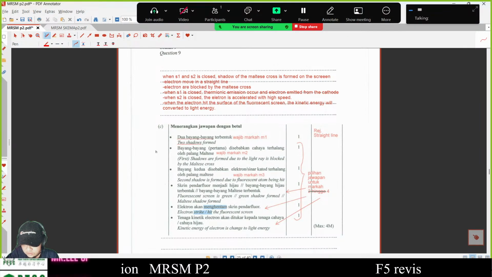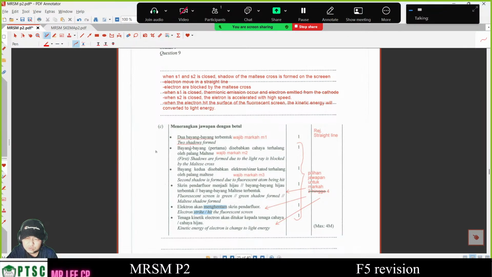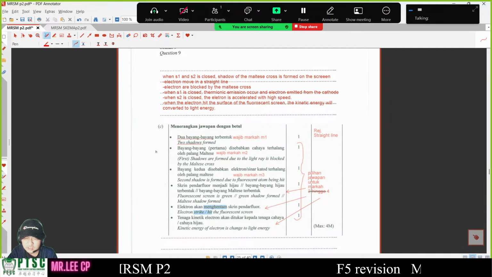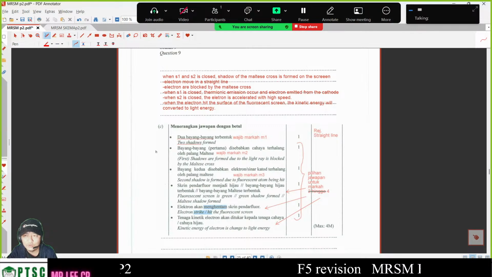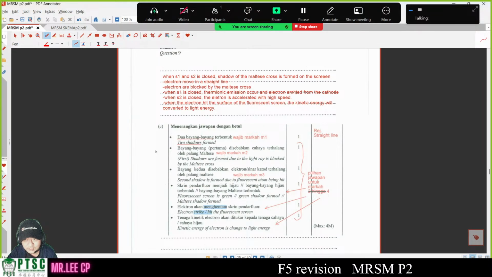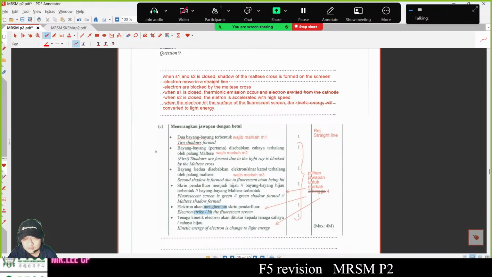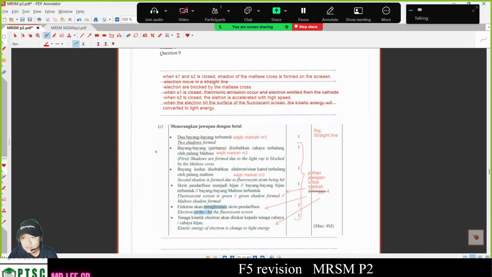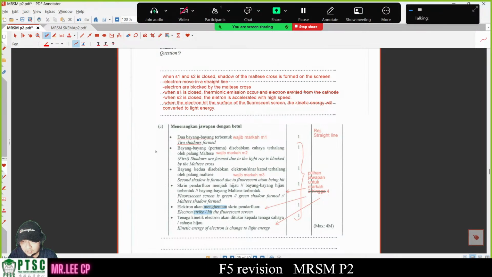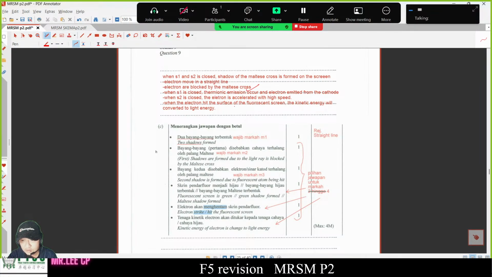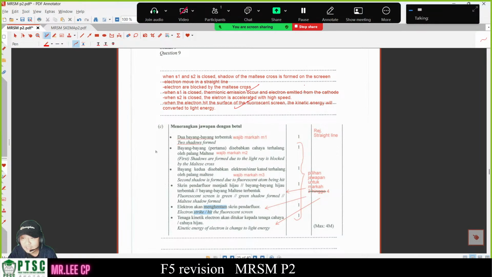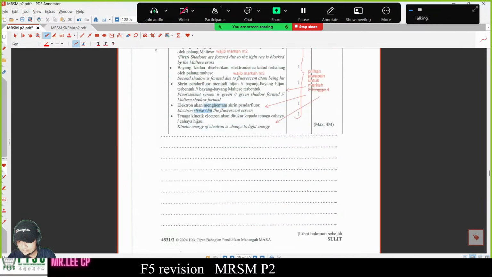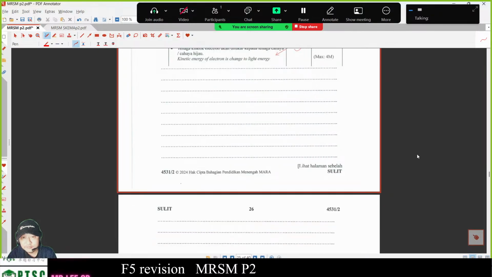The shade, but I never said 2 shadow. I just said 1 shadow. I never said how many shadow. I just said shadow is formed. So I don't know whether they can give me mark 1 or not. Okay. Now, the electron are blocked by the Maltese cross, here 1 mark, and then here 1 mark. So this one question mark. Okay. All right, next one. We continue.